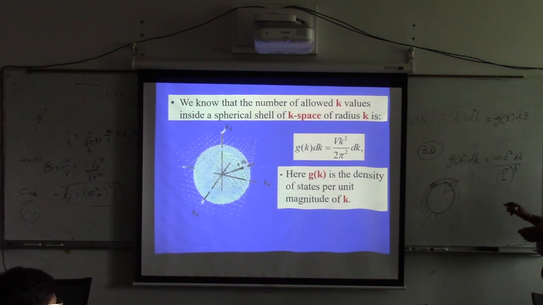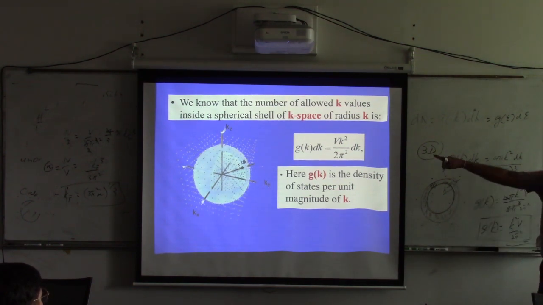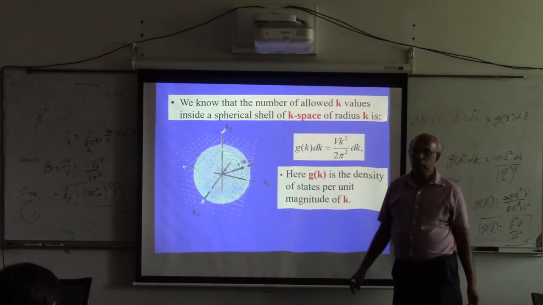So G(k) is 4 pi k squared times V divided by 8 pi cubed, right? That's how we calculated it: G(k) is V k squared over 2 pi squared.